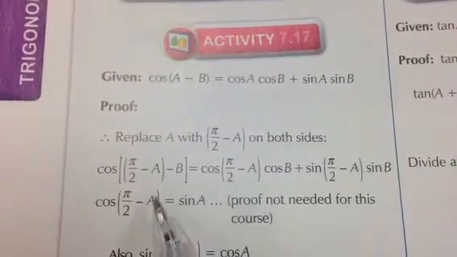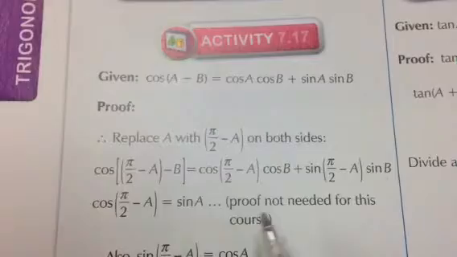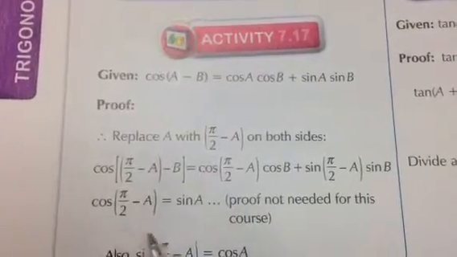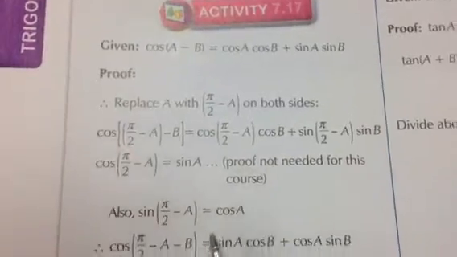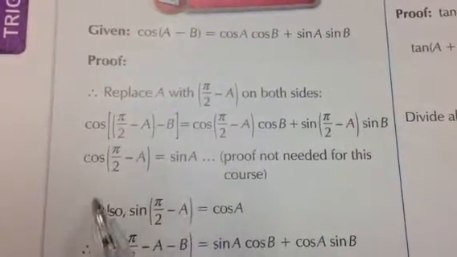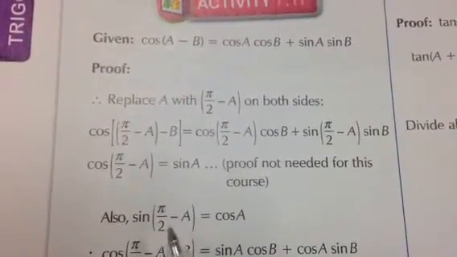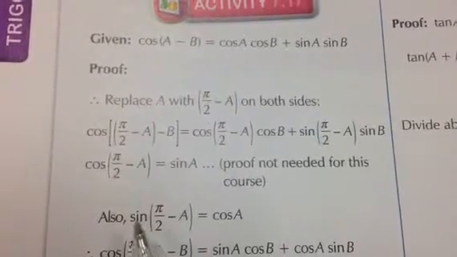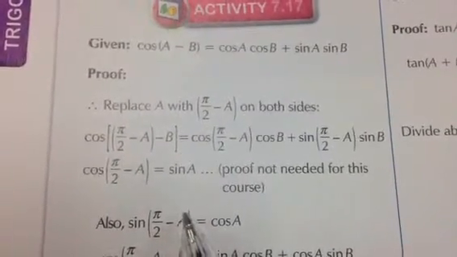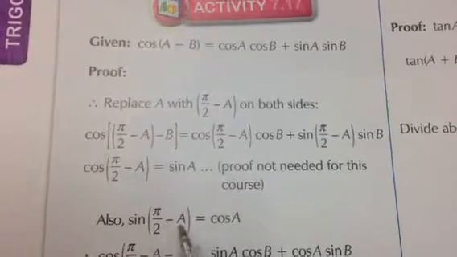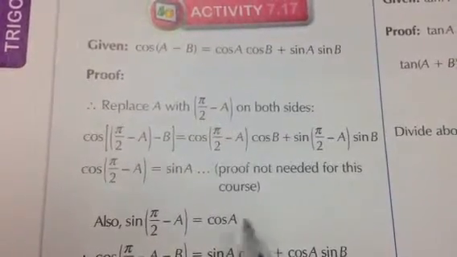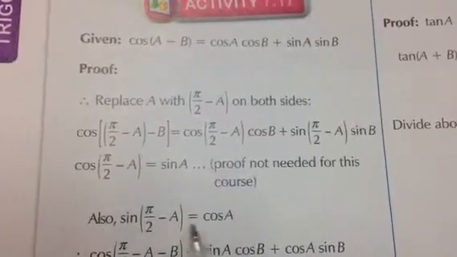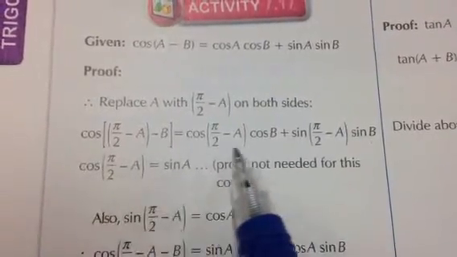The proof of it is not needed for this course. So you can understand it and check it out, but you don't need to prove it. But it might be something you look at to help your own understanding. Again, you could check the sine of pi over 2 minus 20 is equal to the cos of 20.